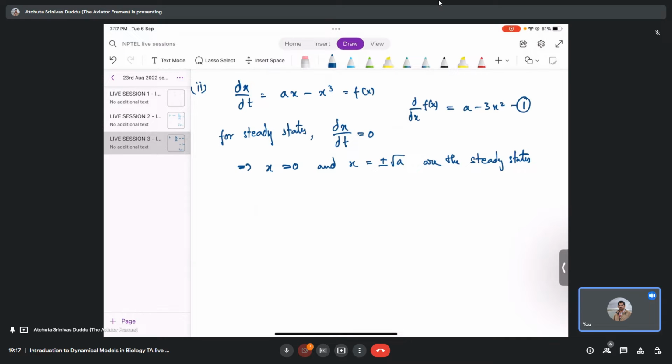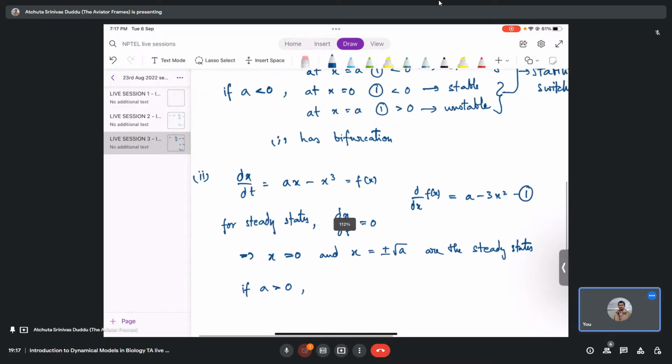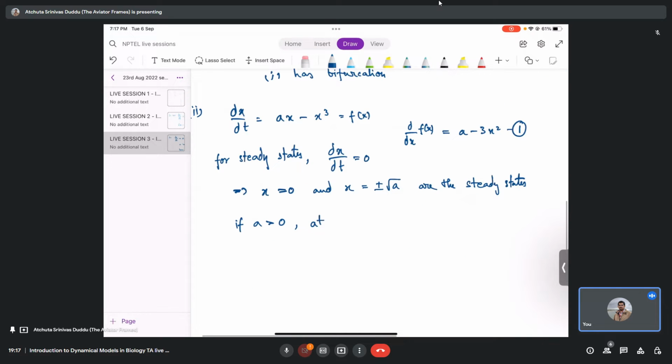Right, so for the first consideration, if a is greater than 0, then at x equal to 0, 1 is positive.